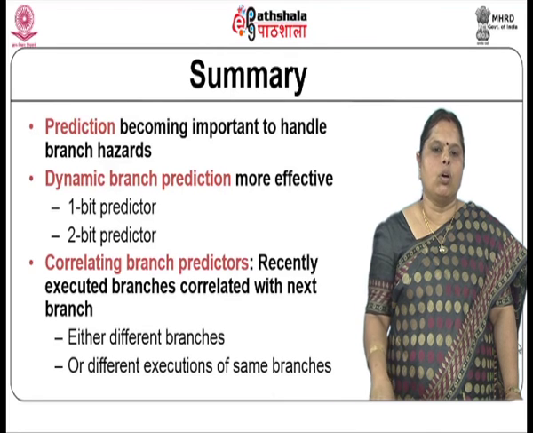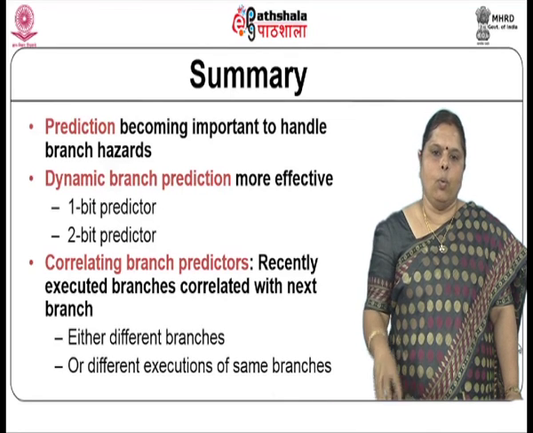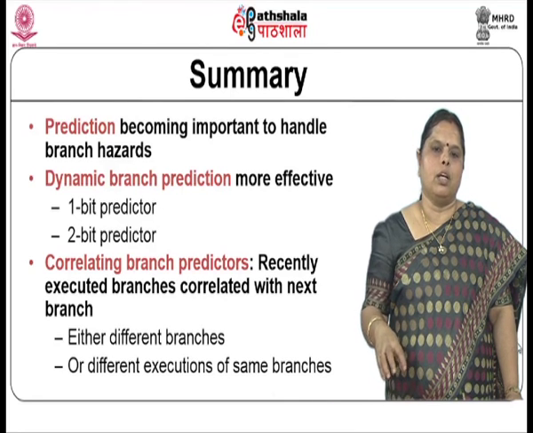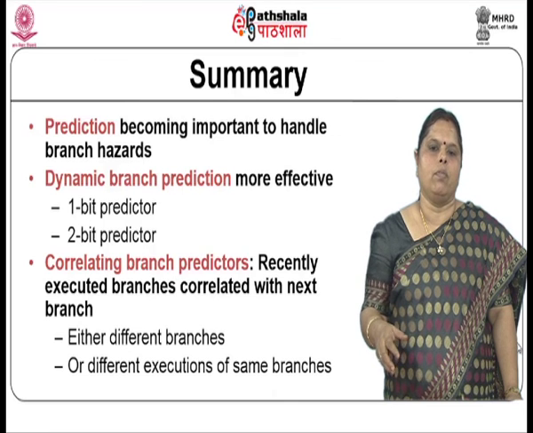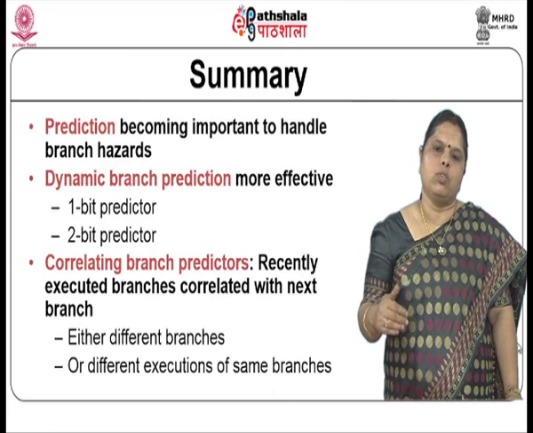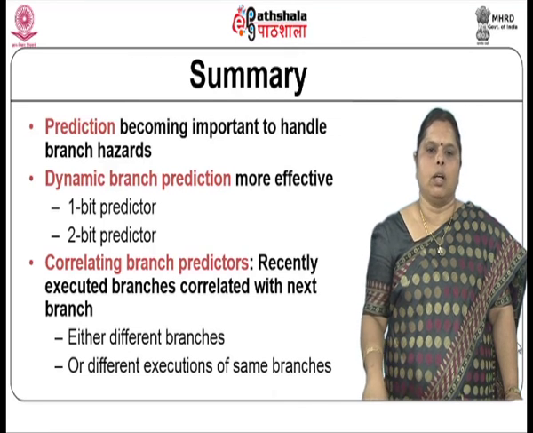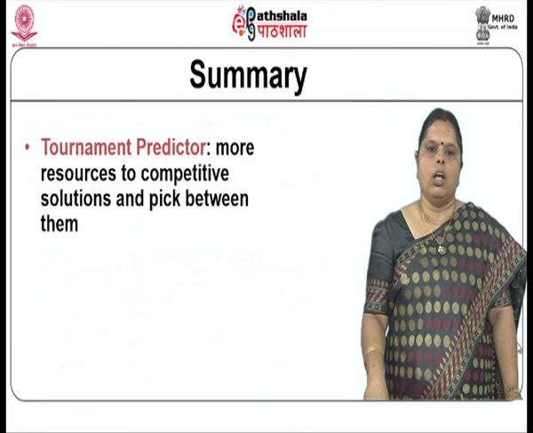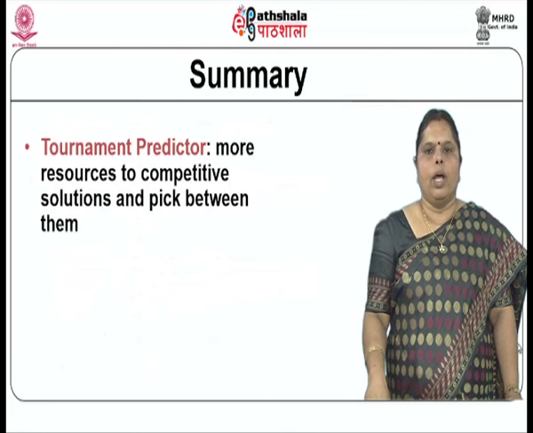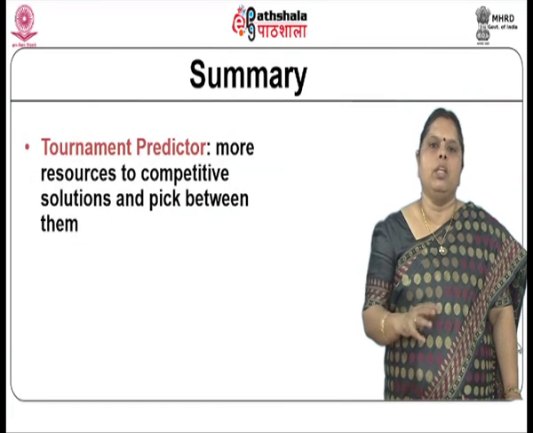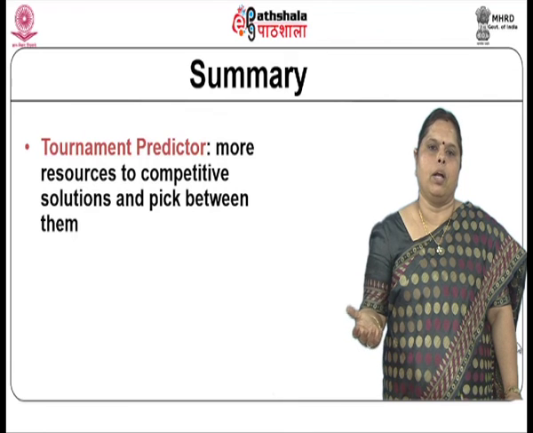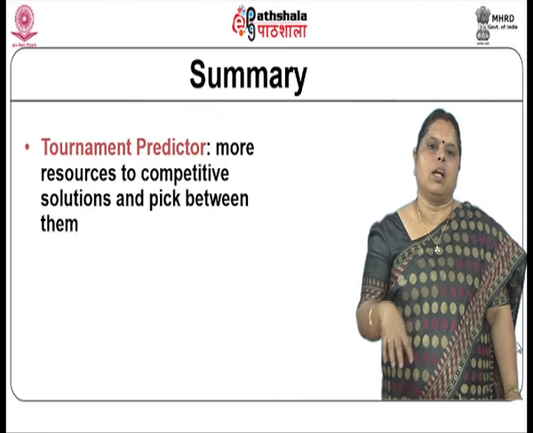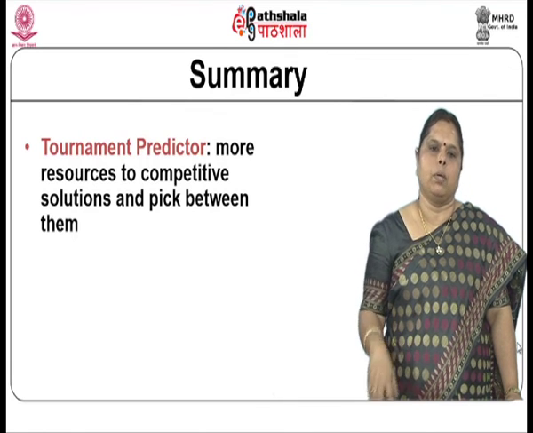Then we moved on to correlating branch predictors where a branch behavior is predicted based on not only its own behavior, but also on the behavior of other correlated branches. Then we looked at a tournament predictor where it makes use of a combination of a global predictor and a local predictor and implements a selection strategy on top of it to select one of these predictors.